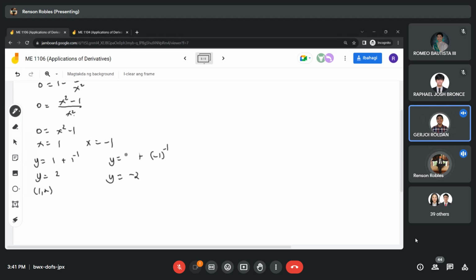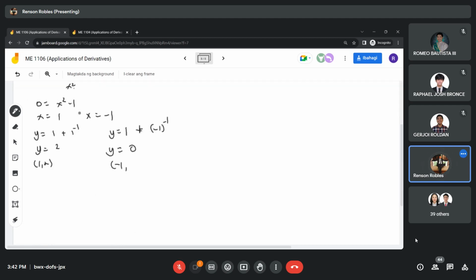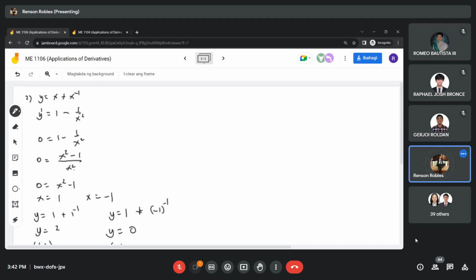So y magiging equals 1 plus -1 raised to -1. 0 po, sir. 0. All right. So you have 0 here. Then you have a point, -1, 0. Hindi, tama nga na x yun eh. So -1. Alright?